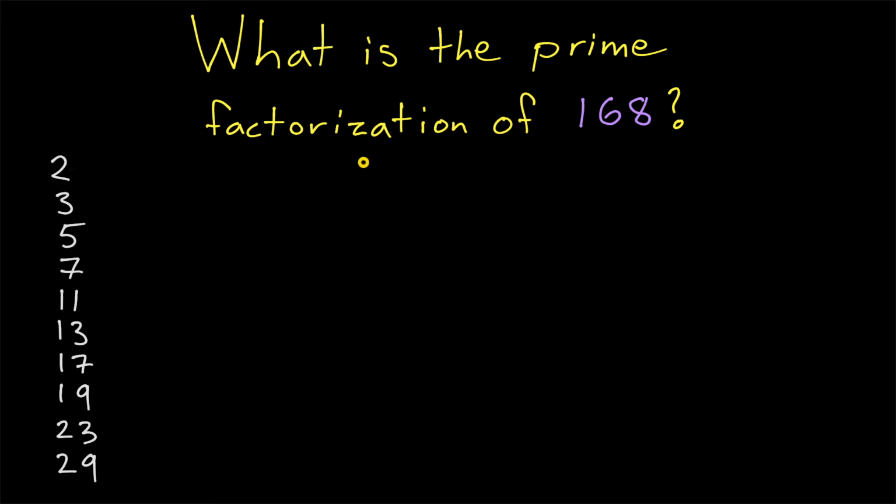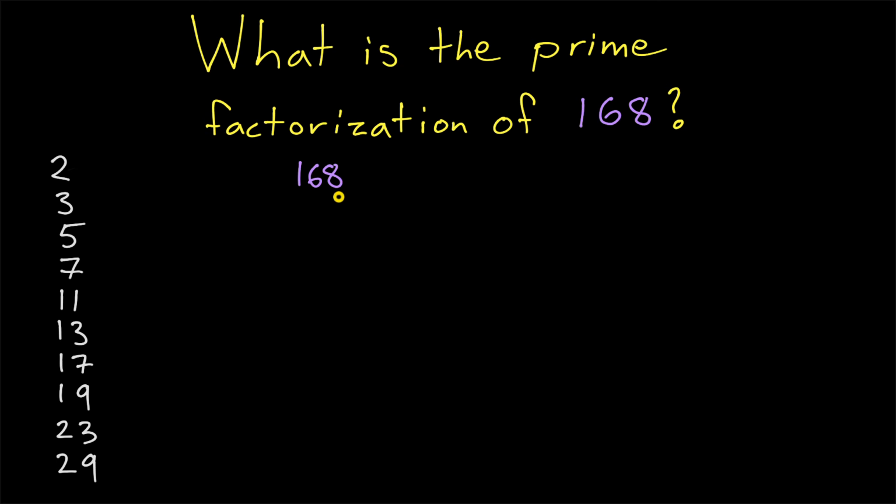Good. So now that we've gotten the first 10 prime numbers out of the way, let's go ahead and write down the number that we want to factorize. 168. So now you have to ask yourself, is this number that we want to factorize divisible by any of these prime numbers?